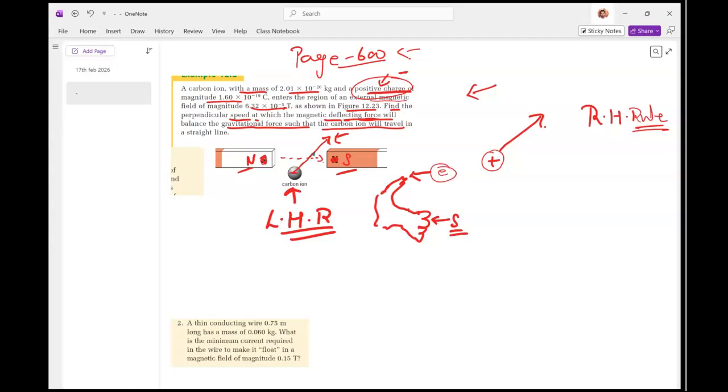And then the palm will be upward. So palm will come out to be upward like this, and that is the magnetic force Fm.